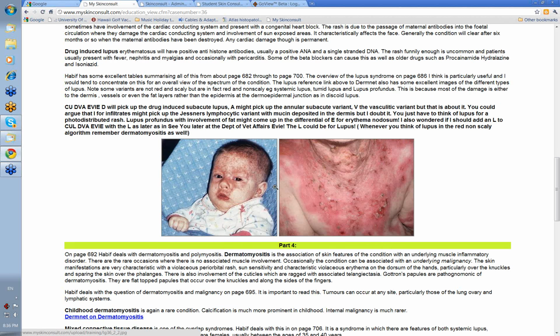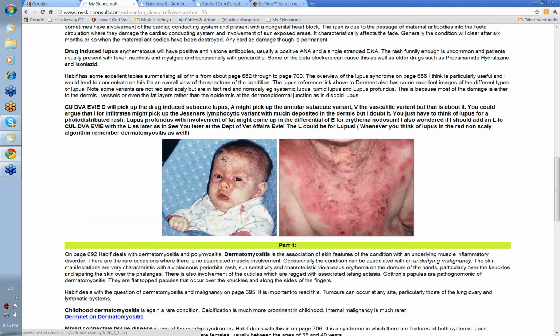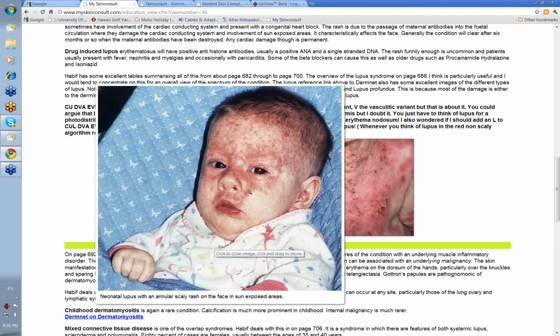You can get another type of lupus due to Ro antibody. Here is a child with neonatal lupus, a rash appearing in the first few weeks of life in sun-exposed areas, and it's because of Ro antibody, IgG antibodies in the mother that have crossed over the placenta and are in the babe's circulation.